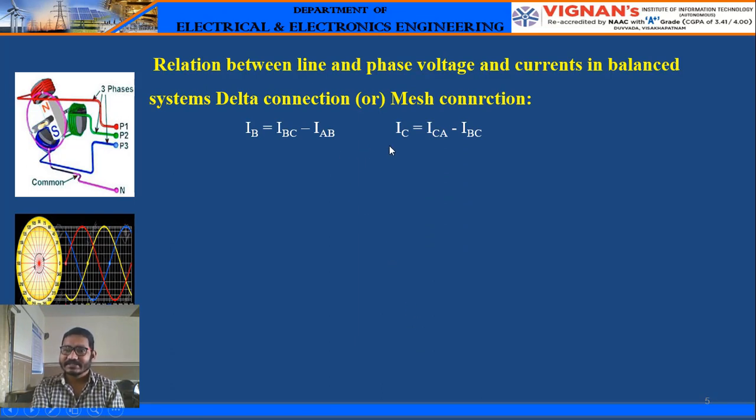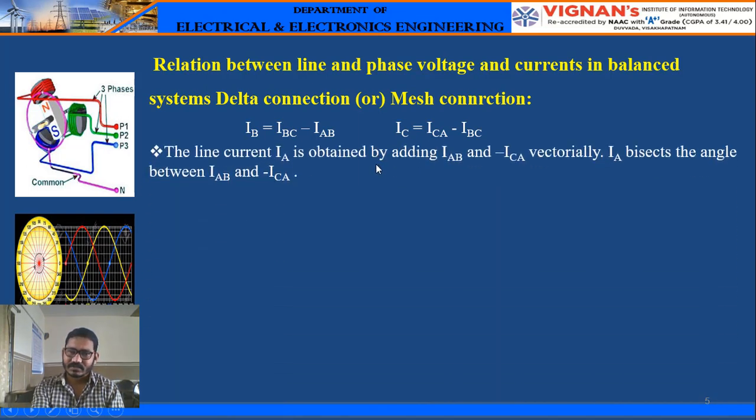Similarly, IC equals ICA minus IBC. So once you find the phase currents and substitute these values, you get the line currents. Otherwise, for a balanced system you can use another formula.